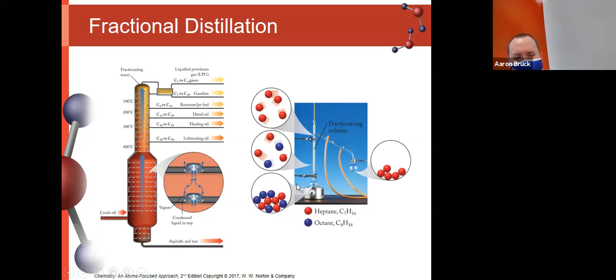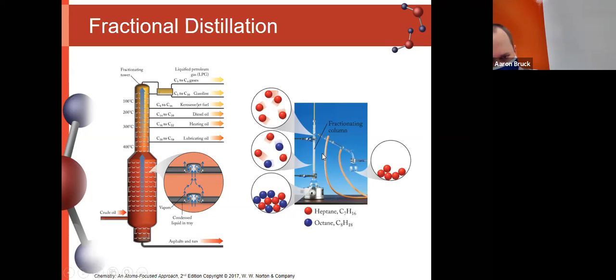Now, this can be done on a smaller scale. Those of you that take organic will use this in some form or fashion. This is a fractioning column here. It's usually filled with a series of beads or other kinds of things in the glassware to help condense and collect material.